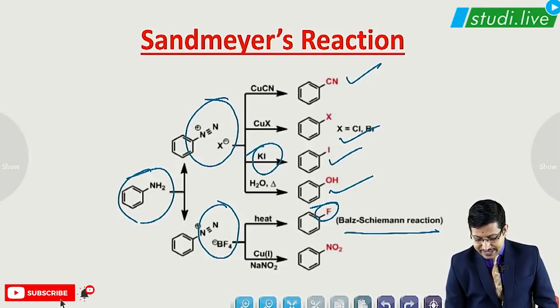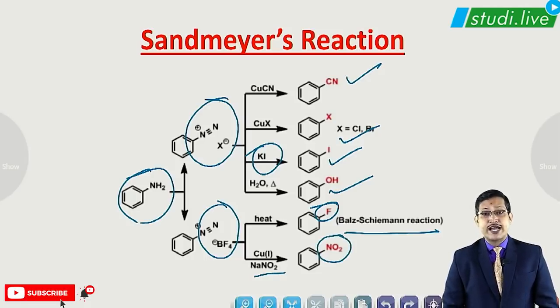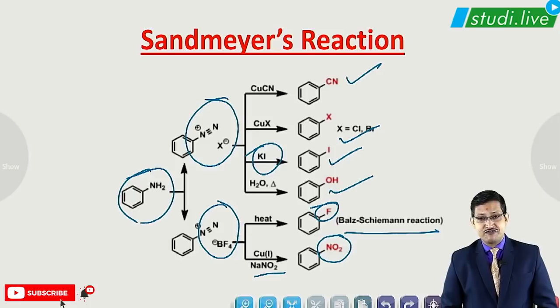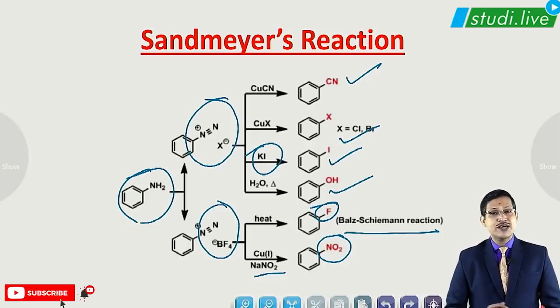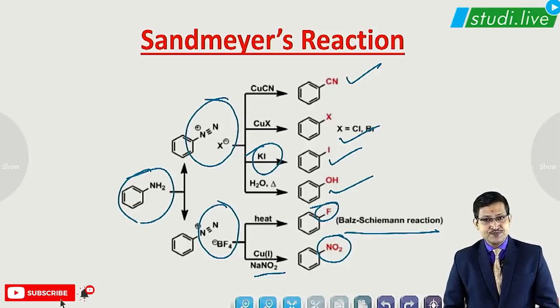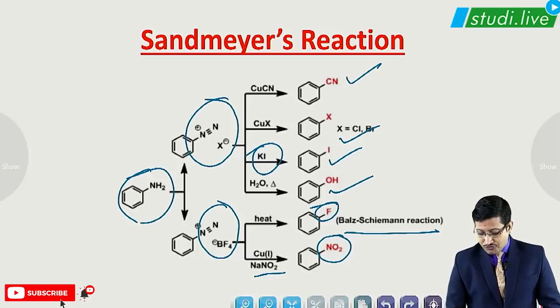The next one, reacting with NaNO2, it gives you the formation of nitrobenzene, so benzene ring with NO2. So what are the different array of products in Sandmeyer reaction? Cyanobenzene, haloarene, iodobenzene, phenols, fluorobenzene, that is your Balz-Schiemann reaction, and the last one is nitrobenzene.